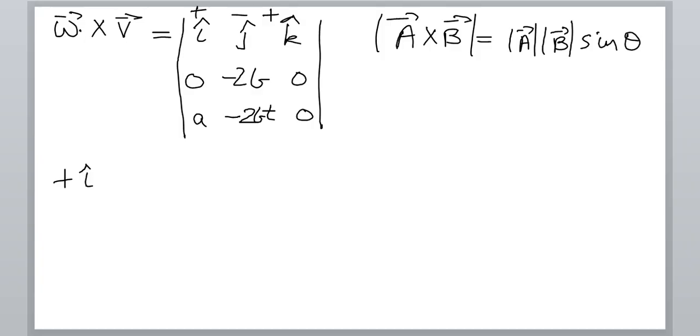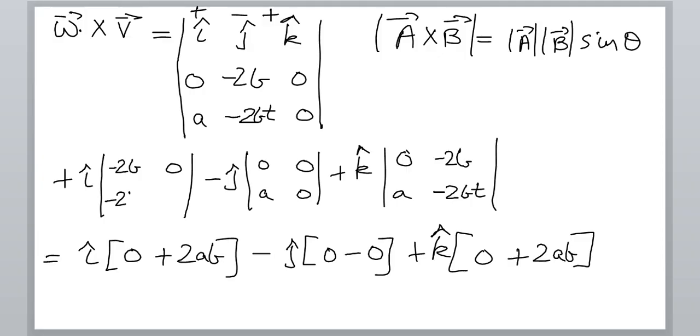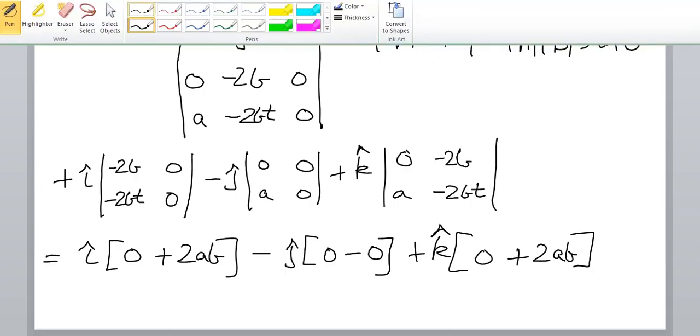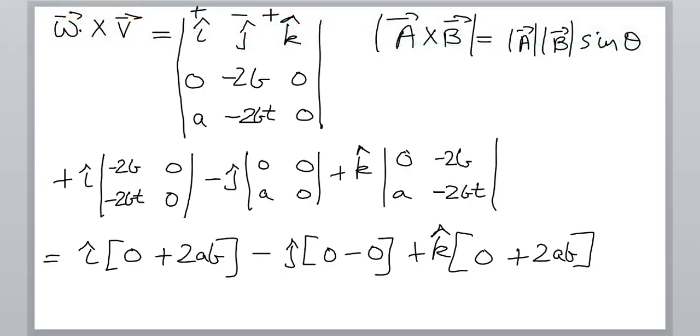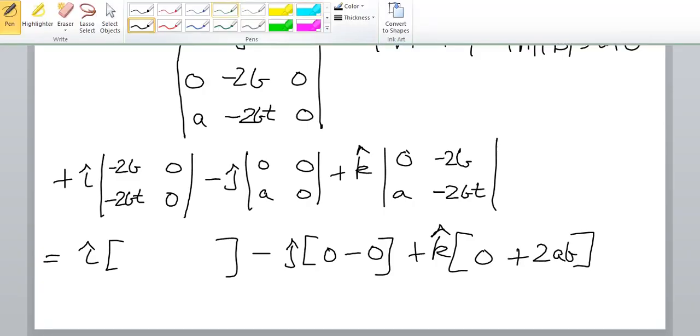So this can be written as plus i cap 0 minus 2bt and a 0 again. Okay. Yeah, now it's correct.